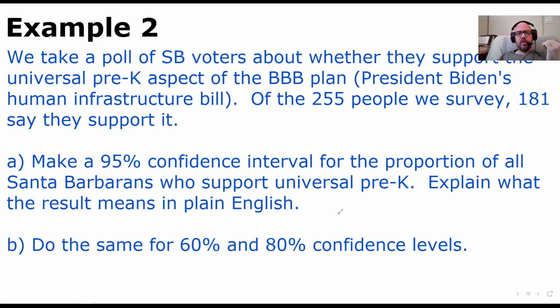So for instance, every time you hear something like President Biden's approval rating is 51% with a margin of error of 2.5%, that's a confidence interval, right? They're saying that their confidence interval is 0.51 plus or minus 0.025. They usually just say the 51%, but by giving you a margin of error, it tells you that it's a confidence interval. So anything with a margin of error on it is almost certainly a confidence interval.